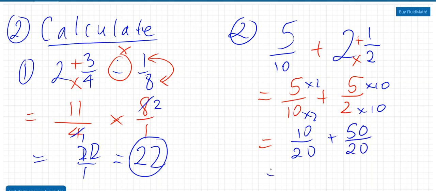Now I can add these because they have the same denominators. So 10 plus 50 is 60, and I end up with 60 divided by 20. I'll cancel my zeros, and now I've got 6 divided by 2. So your answer should have been a whole number 3.